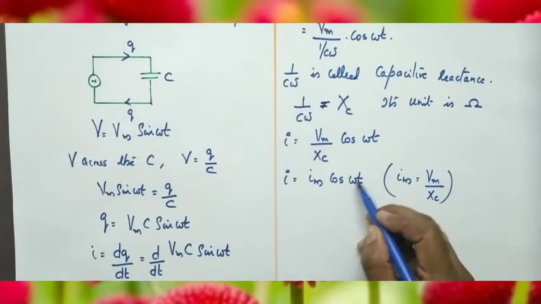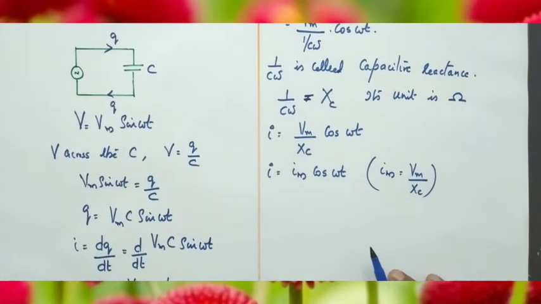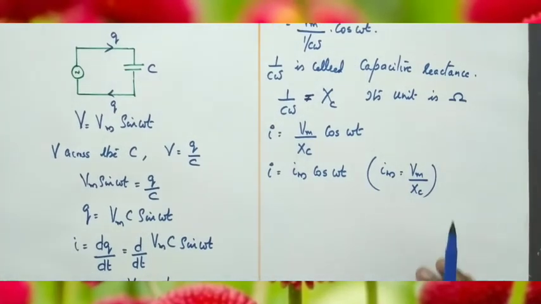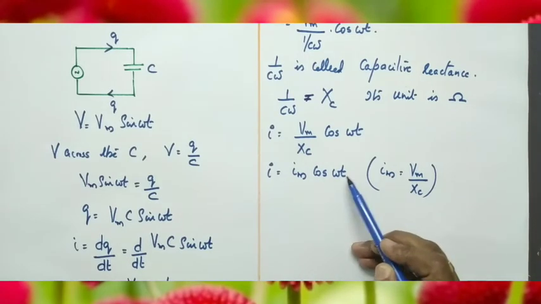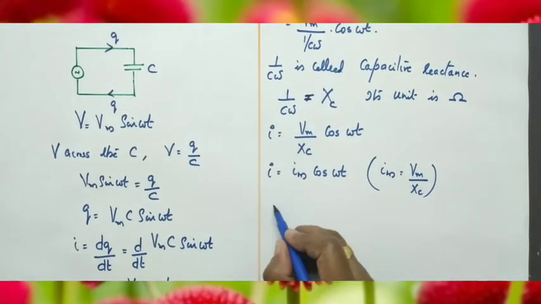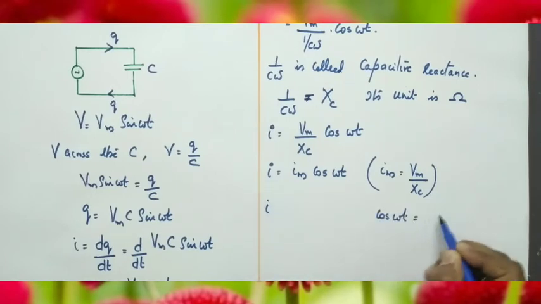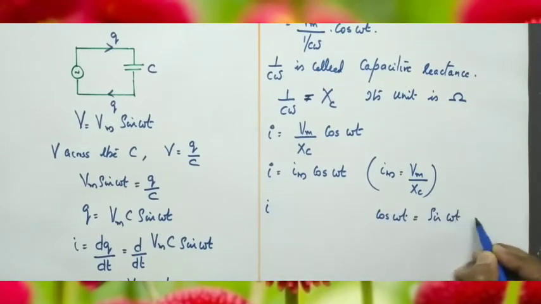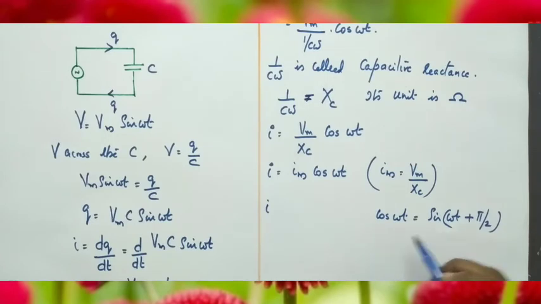Now we have to convert this cos function to a sine function, then only we can say the phase relation between voltage and current. So we have to convert this cos omega t into a sine function. For that, cos omega t is sine omega t plus pi by 2. In the last section we have studied minus cos omega t is sine omega t minus pi by 2.